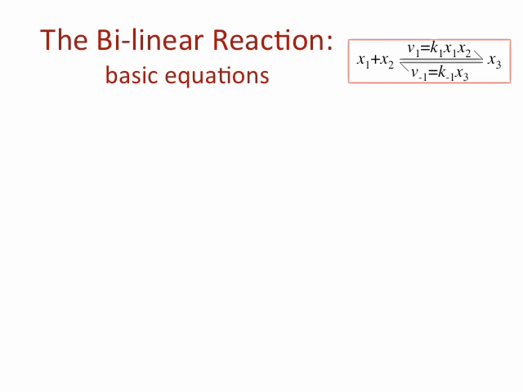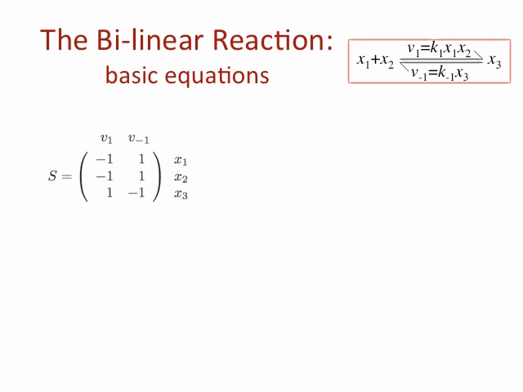The reverse reaction is simply a linear reaction that is a rate constant K minus 1 times the concentration of the product X3. Note that V1 is a bilinear equation. Also note that the units on K1 and K minus 1 will be different as detailed in lecture number 2.